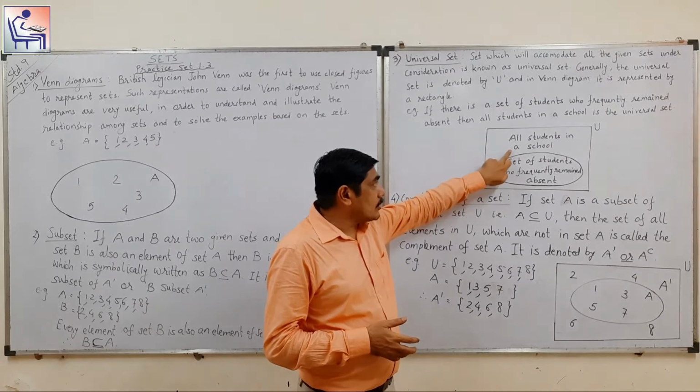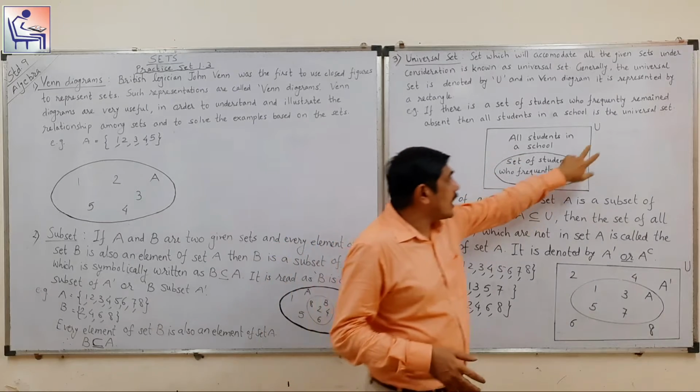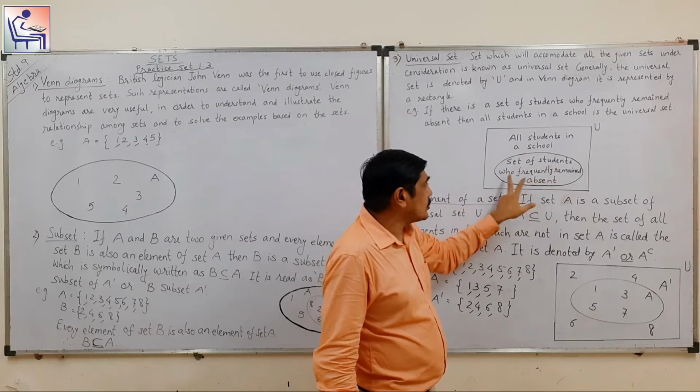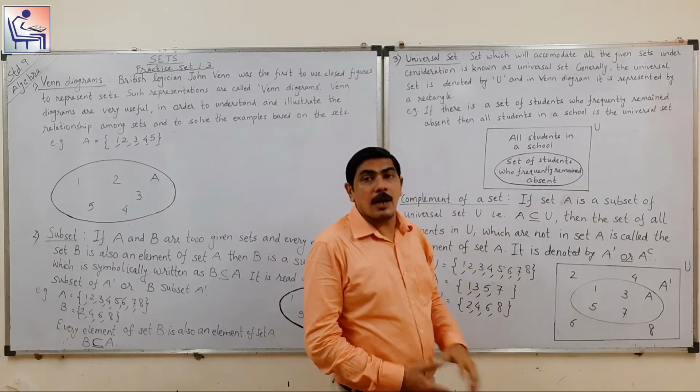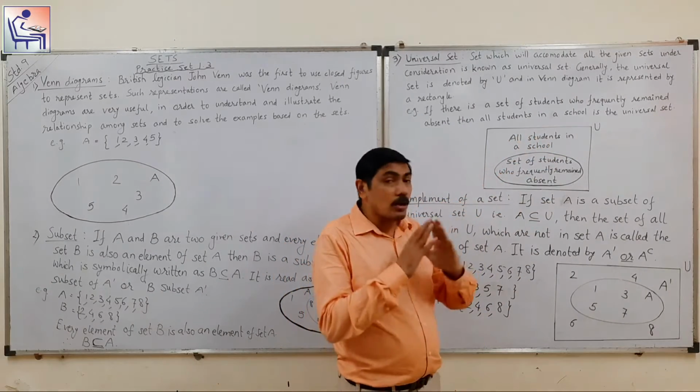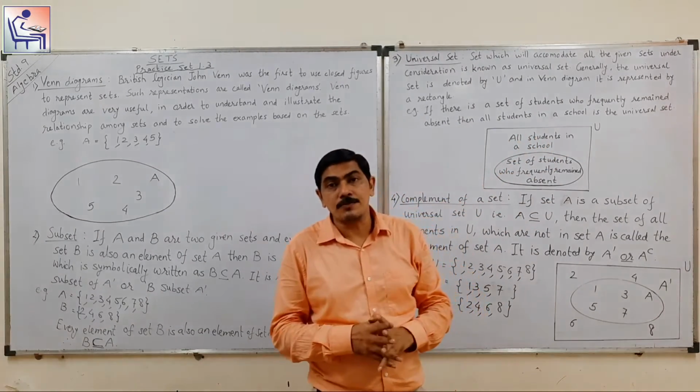So all students in a school is your universal set, and the set which we want to study is the set of students who frequently remained absent. So here your universal set is all students in a school.